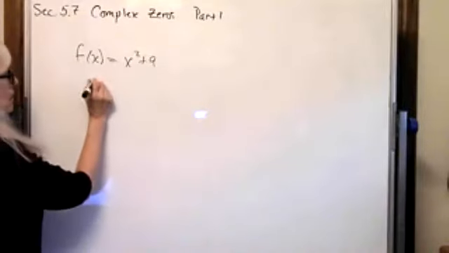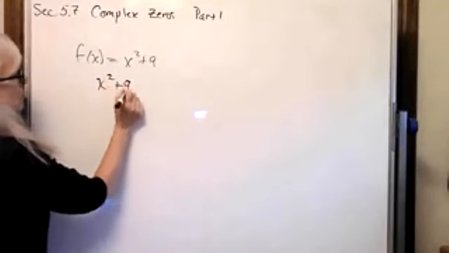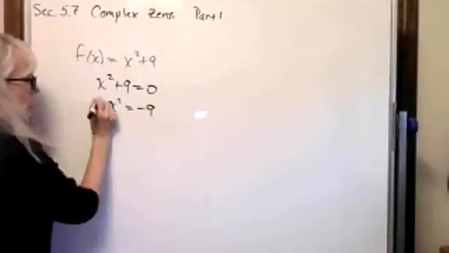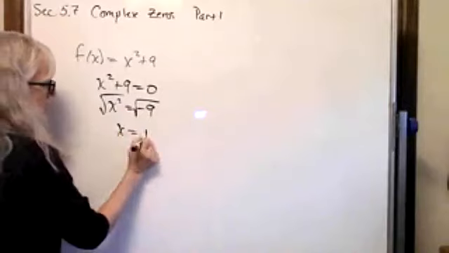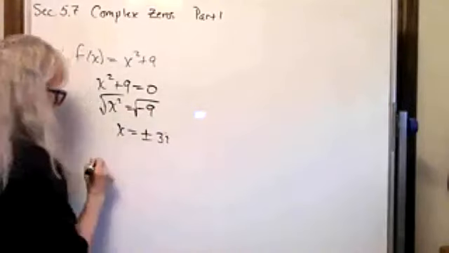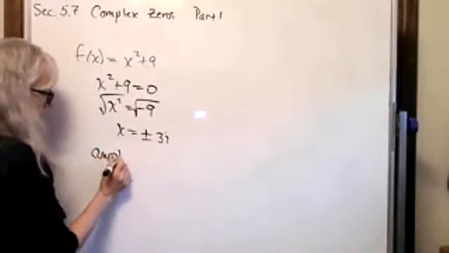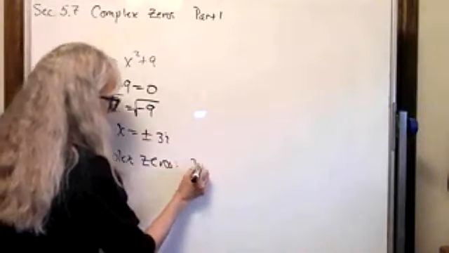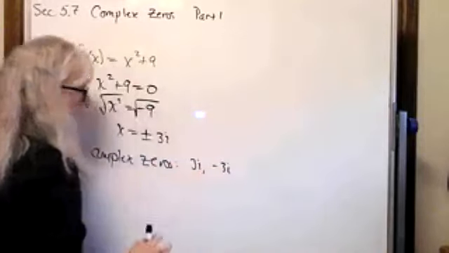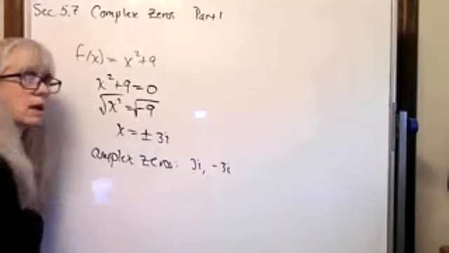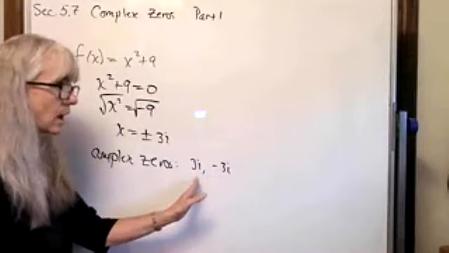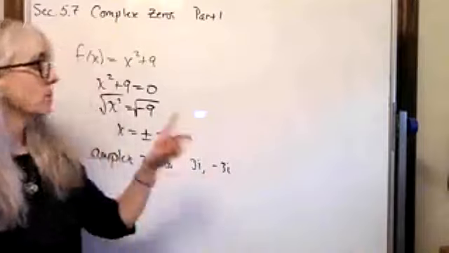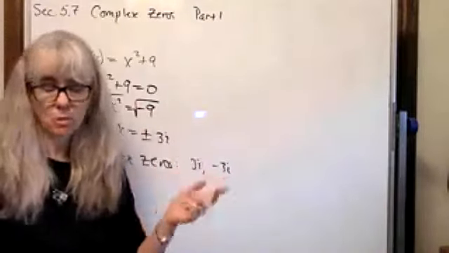If I asked you to solve this equation, you would set x squared plus 9 equal to 0. x squared is equal to -9. You'd take the square root of both sides and get x is equal to plus or minus 3i. So the complex zeros of this polynomial function are positive 3i and negative 3i. Notice they occur as a conjugate pair. Whenever I have a positive i term, I will also have a negative i term. They all come from quadratics, which is why you get that plus or minus.